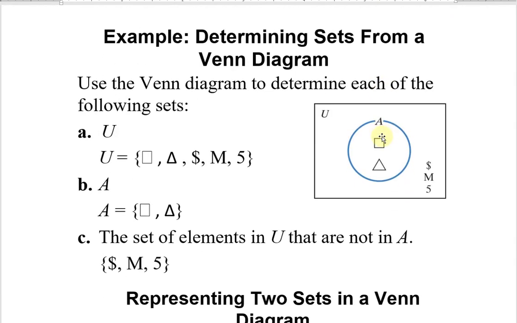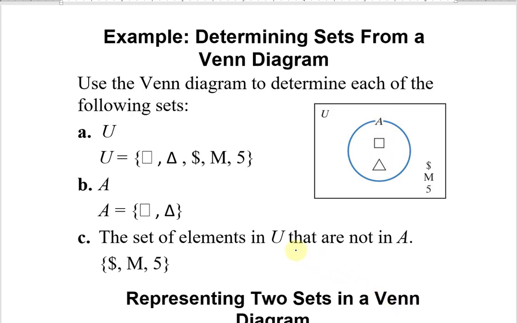For example, we have the universal set of the square, triangle, dollar sign, M, and phi. Everything is inside here. The universal set has everything inside. But set A has only the square and the triangle.